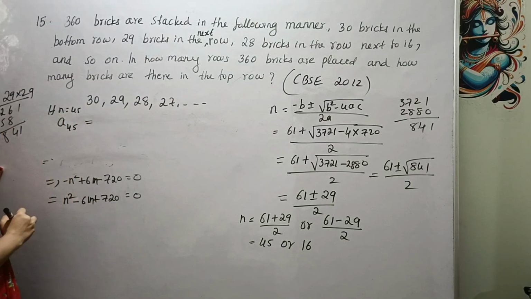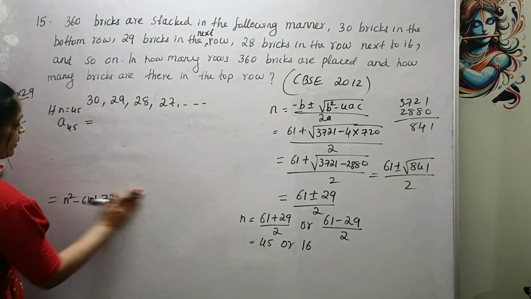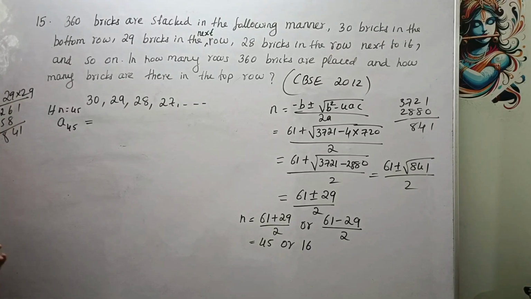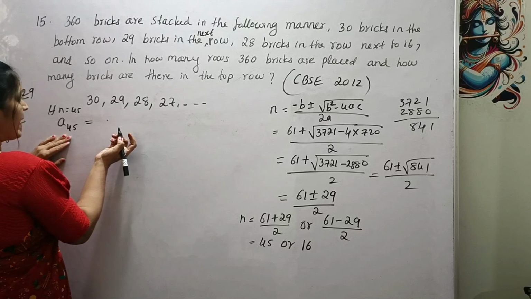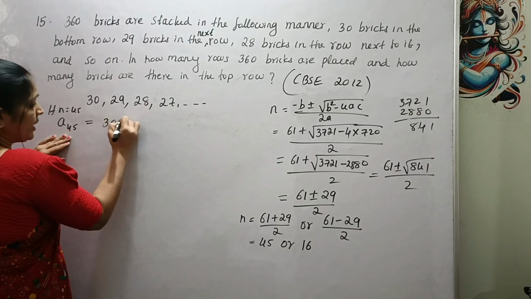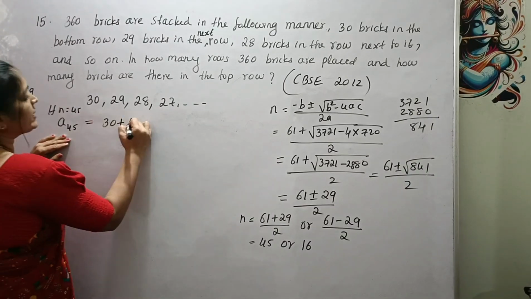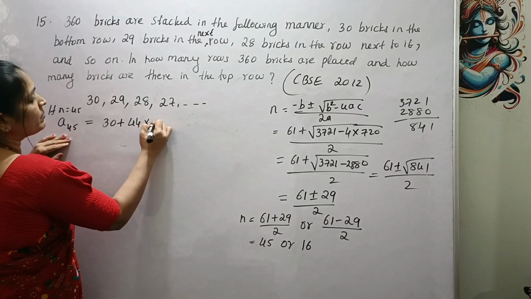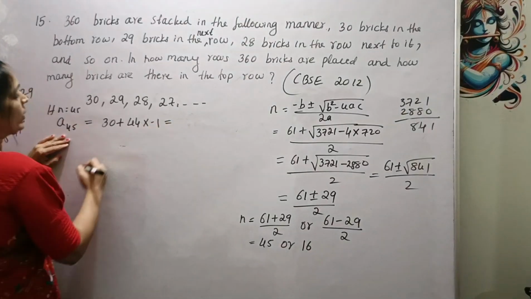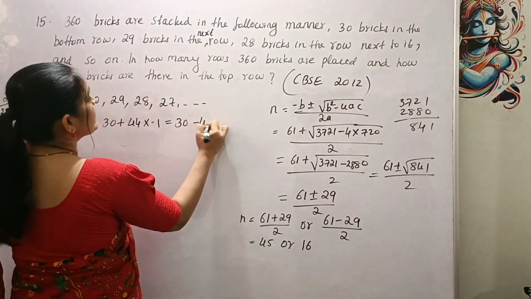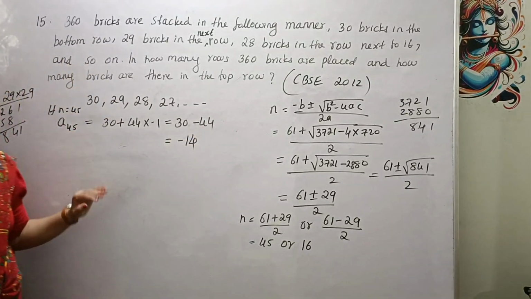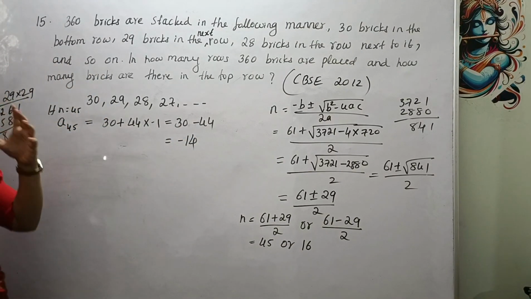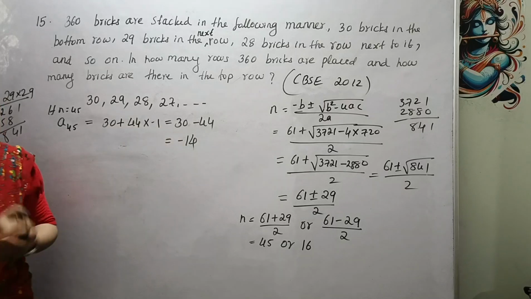That is A 45 is equal to A plus, what is A? The first term, 30, plus n minus 1, that is 44, into d, which is minus 1. Okay, that is equal to 30 minus 44, that is equal to minus 14. See, we have got the 45th term as minus 14.